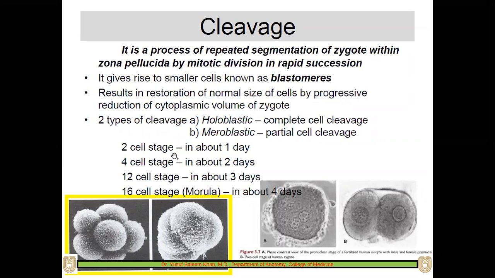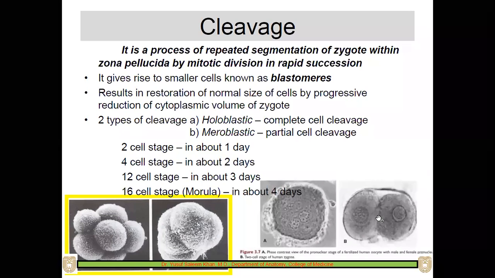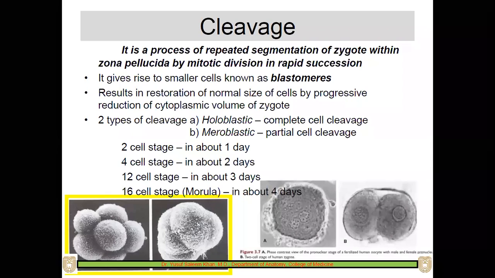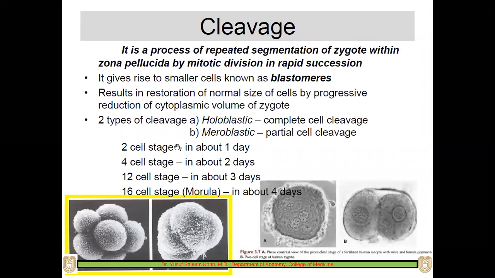Okay. Now what happens? How will they divide? The two cell stage, from one cell to two cells, takes about 1 day. The time of fertilization is called day 0, and from there we start counting the days. So by day 1, it divides into two cells.